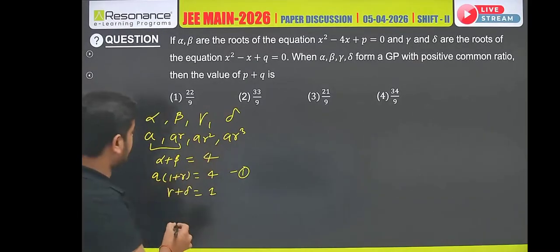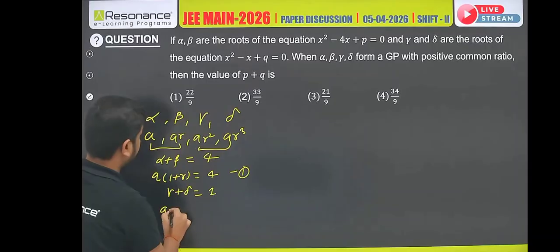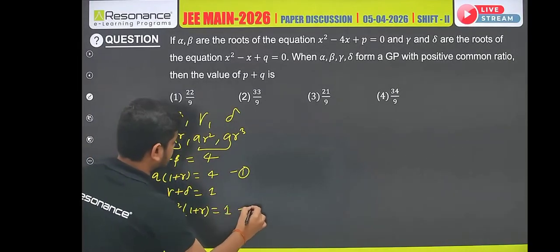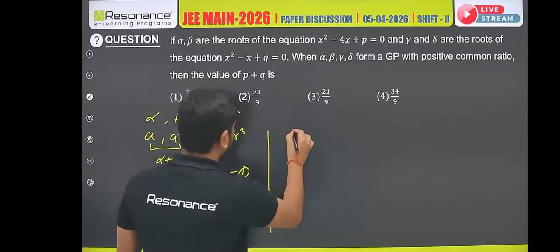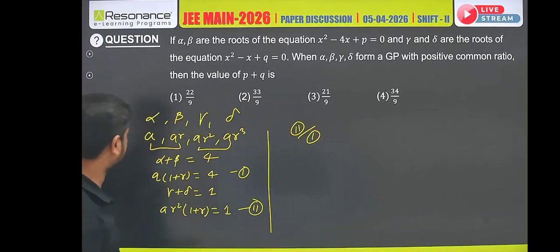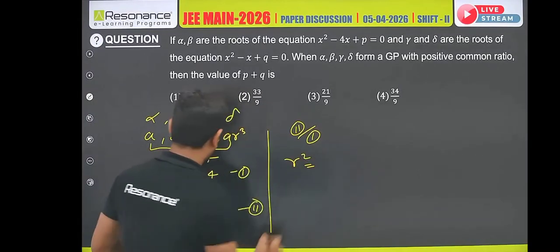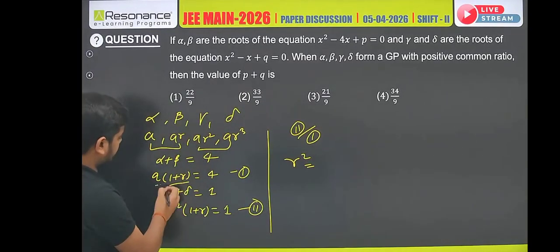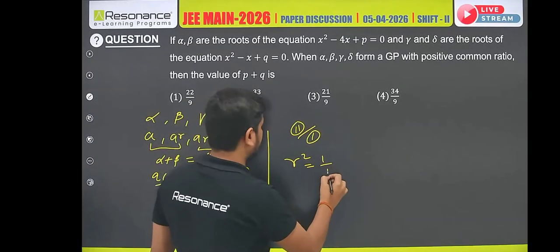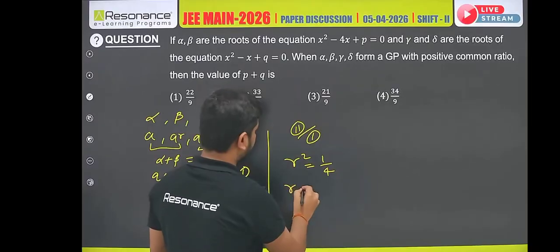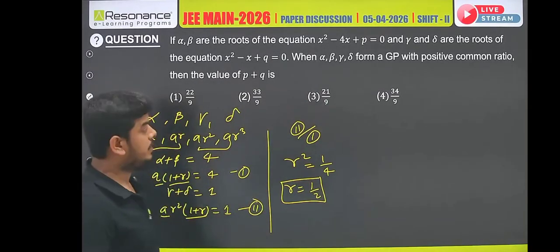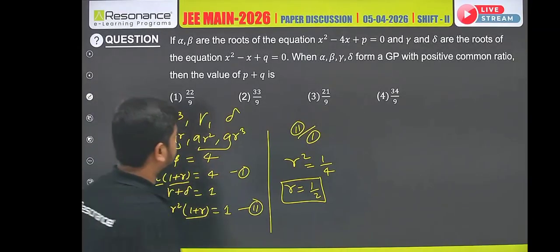And from here, AR square, you can take common, 1 plus R is equal to 1. This is the second. Now do second by first, divide second by first, you will get how much? R square, and the rest of the terms are cancelled. R square equal to 1 by 4. So R will become 1 by 2 because the positive common ratio is given. So no need to take the negative part.